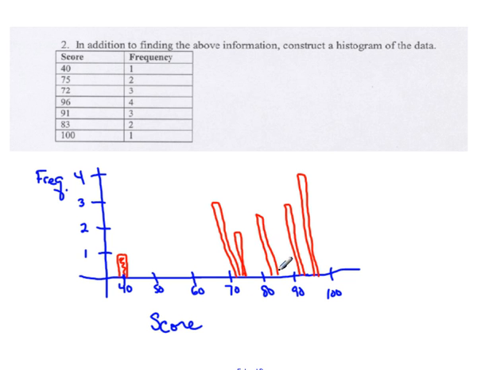Whoops, went a little too far on that one. Let me erase some of that. There we go. And 1 100. Okay, and if you can't tell which the numbers are, if you want, you can write the values on top of the bars. It's not required, but it's close enough.